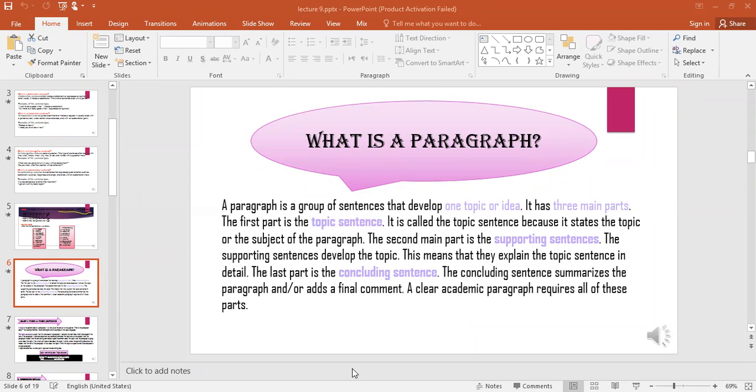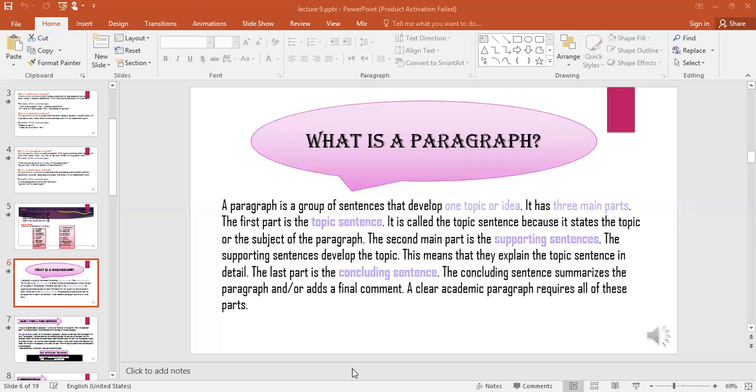Miss, it's the topic of a paragraph. Who can explain more? The topic sentence is the main idea of a paragraph, the idea which the paragraph is going to discuss or develop. The topic sentence is usually the first sentence in a paragraph, and it states the main idea of the paragraph that we are going to explain.